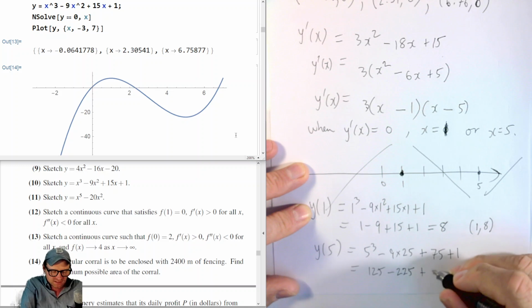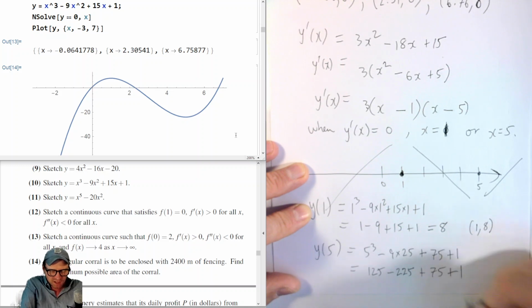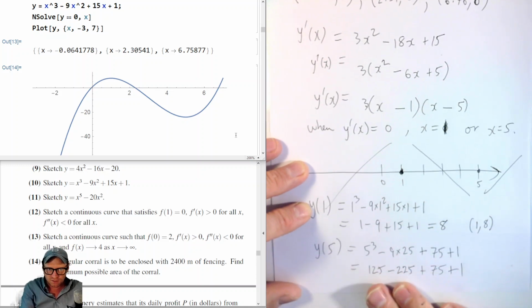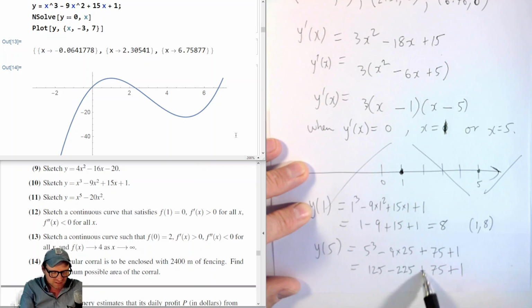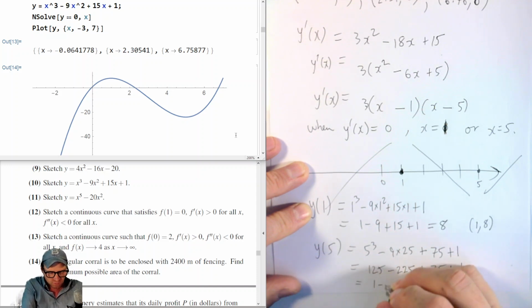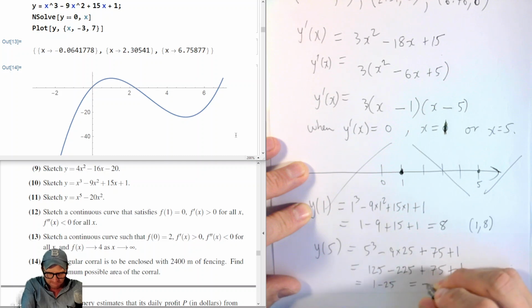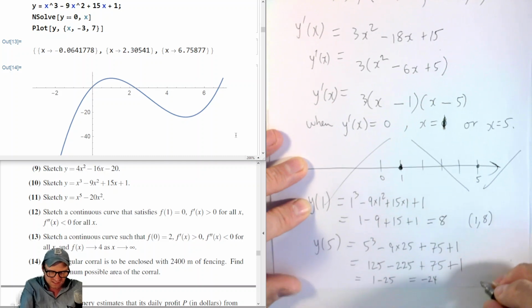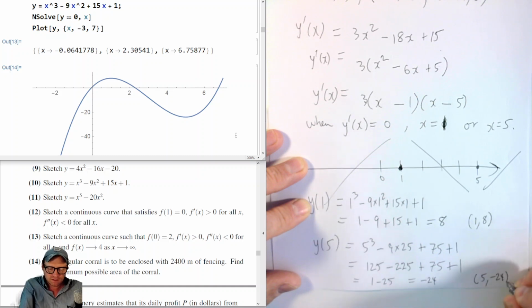And then we have plus 75 plus 1. Okay, so I'm doing mental arithmetic here. So this part of it will be minus 100. So 75 minus 100 is minus 25. We have 1 minus 25, which is minus 24. So this gives us the point (5, -24).